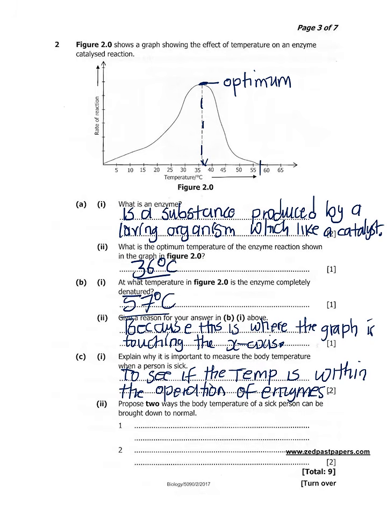Now, let's move on to Roman number 2, propose ways the body temperature of a sick person can be brought down to normal. Okay, so two ways: by giving him or her a lot of fluids.